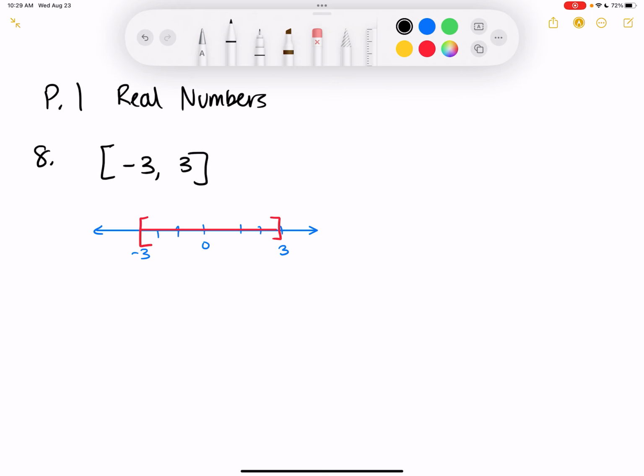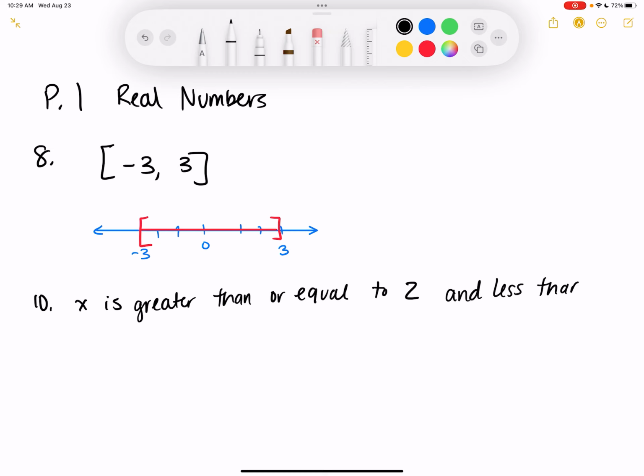Let's see. So 10 is given to us a little bit differently. It says x is greater than or equal to 2 and less than or equal to 6.